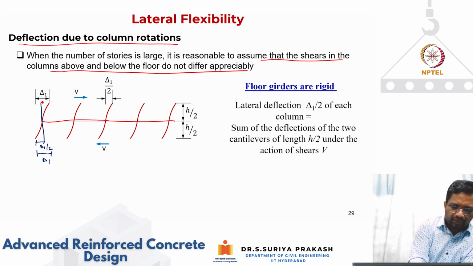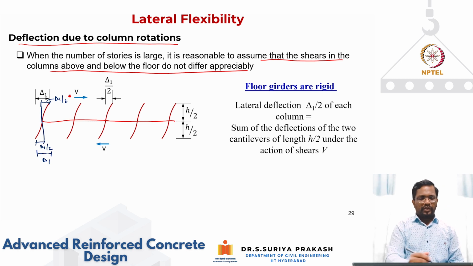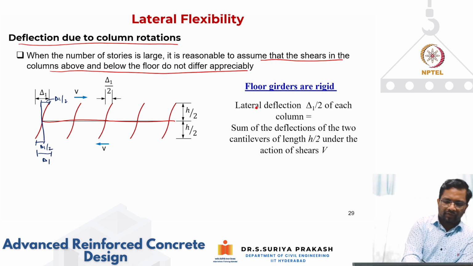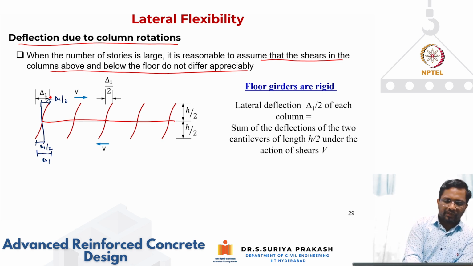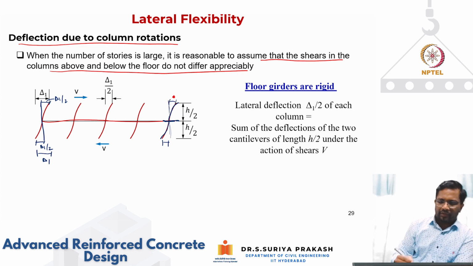The lateral deflection delta 1 by 2 of each column adds up, so delta 1 is delta 1 by 2 plus delta 1 by 2. You can see that this really approaches the case of a fixed condition. You have a cantilever like this, and again a cantilever like this. Basically, if I take a straight line, this is what we are calculating.